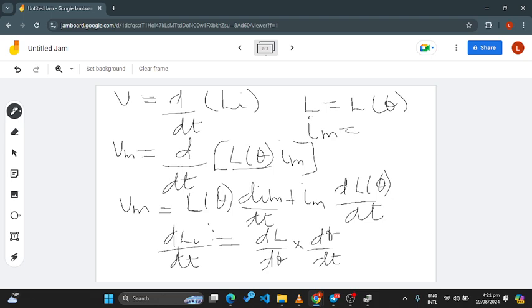So if we are looking for the change in inductance with respect to time, where the inductance also depends on the angular position, then we know L is a function of theta. If we can find how L is changing with the position, and we are able to find how this position is also changing with time, then we can find the change in inductance with respect to time.